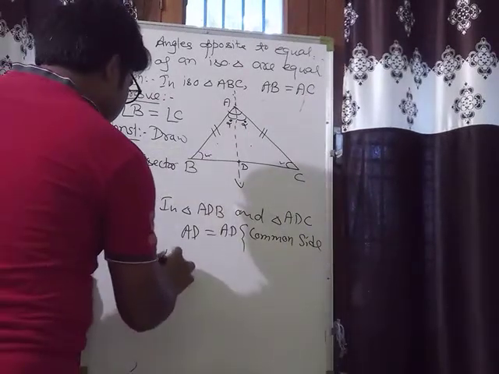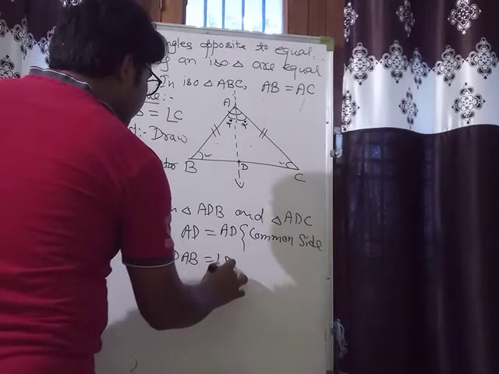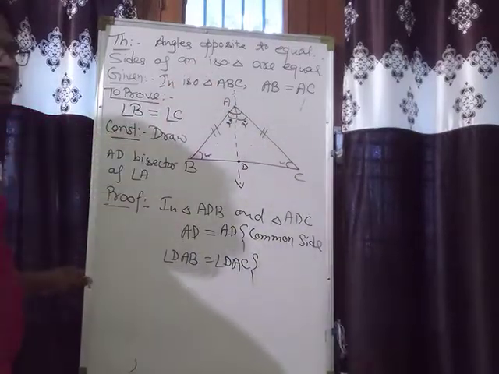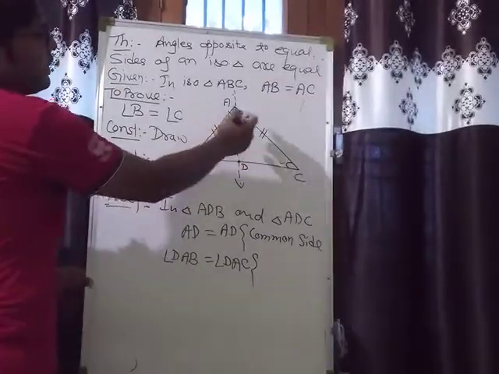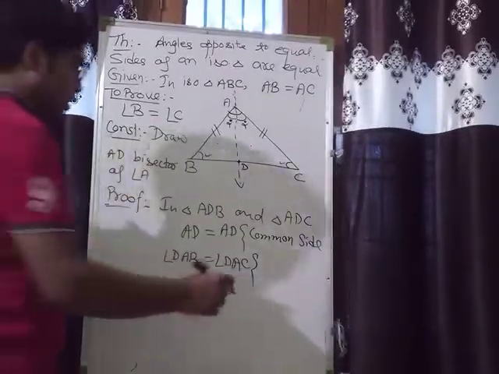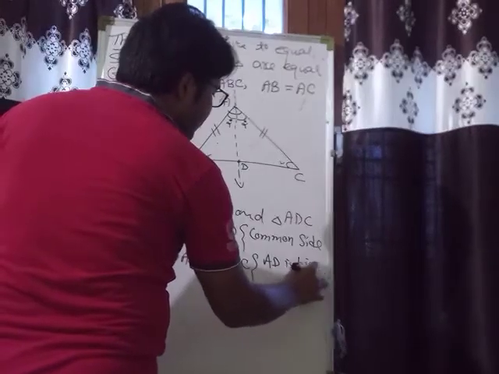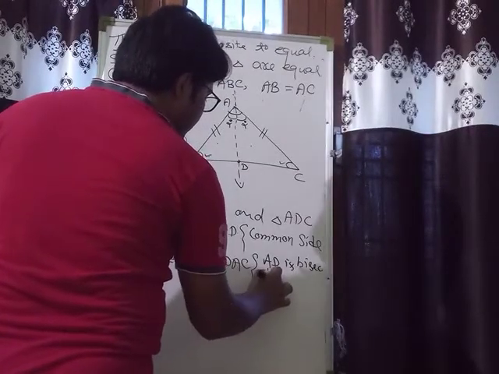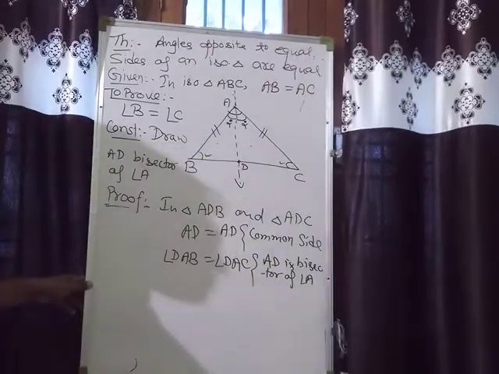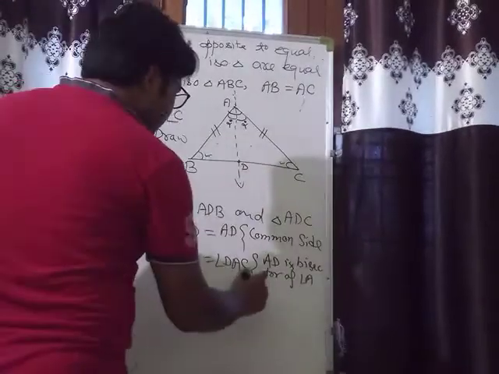Angle DAB equal to angle DAC. Why? Because AD is the bisector of angle A, means it divides angle A into two equal parts, and those parts are DAB and DAC, so they must be equal because AD is the bisector of angle A. Okay, by our construction.